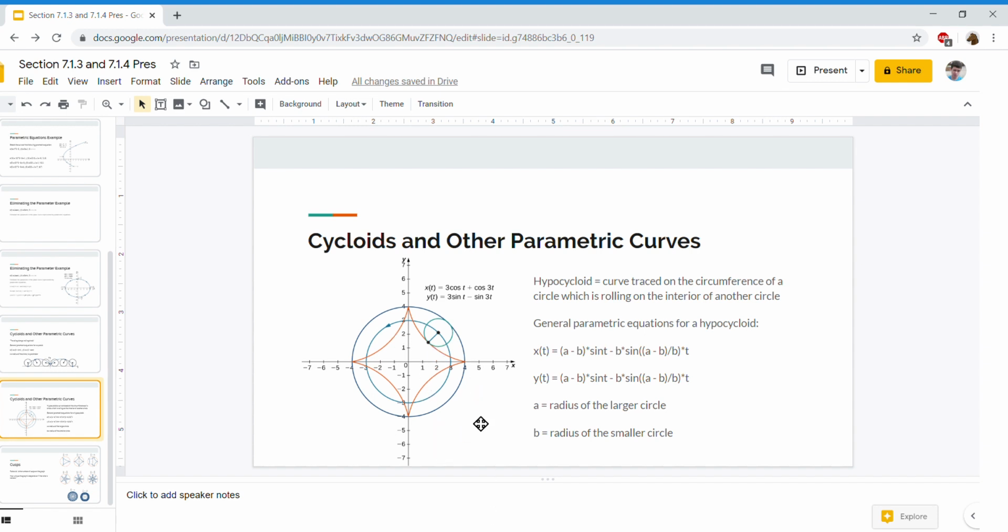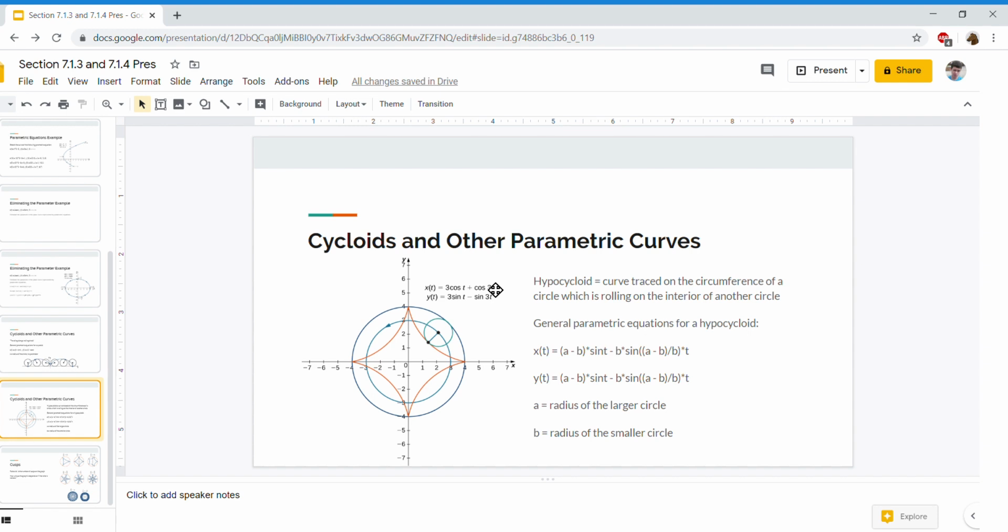The analogy sort of falls apart a bit, but it's just a circle that's rotating inside of a larger circle. This smaller one is rotating along this larger one, and the shape that is being formed by this red line here is the hypocycloid, using these two circles.